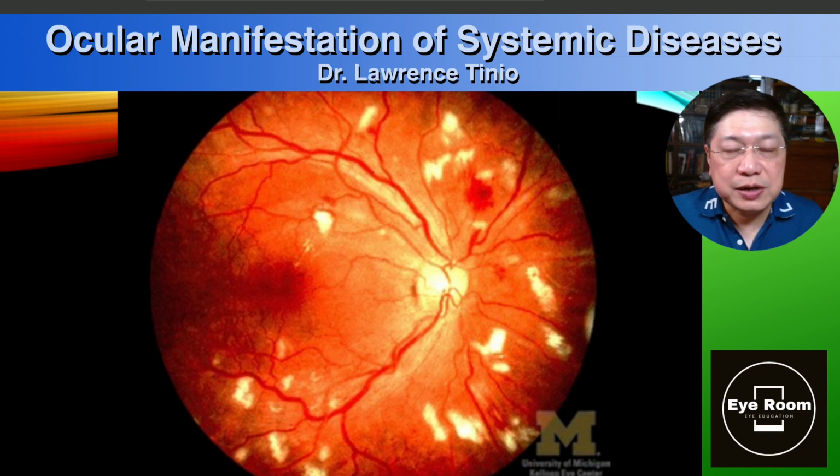This is not very specific for AIDS, meaning if you see a picture like this, it doesn't automatically mean AIDS, but you need to attach this with some of your investigations regarding the history of the patient. And if you see a patient with this kind of fundus, you ask the patient to also be screened for possible infections.